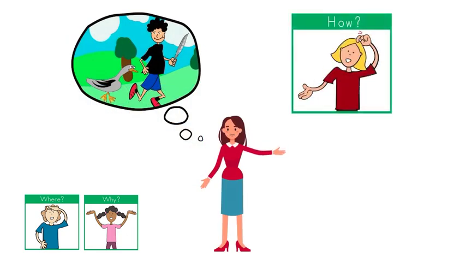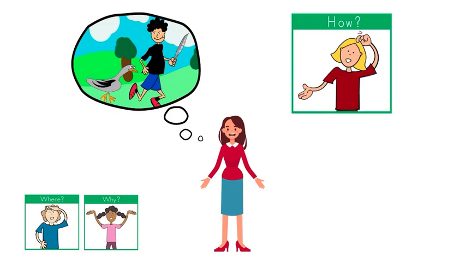How? The how question describes how something happened. How did the goose chase the boy around the field? We could say wildly chased or quickly chased. Which one describes the action chased best? Wildly.